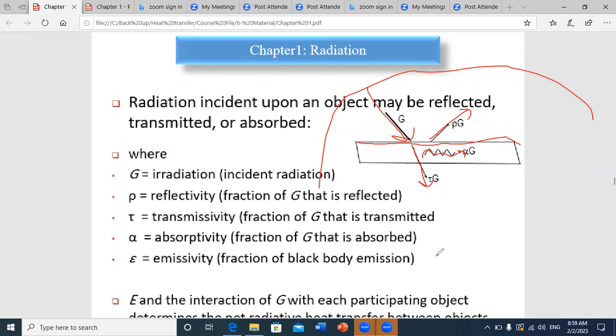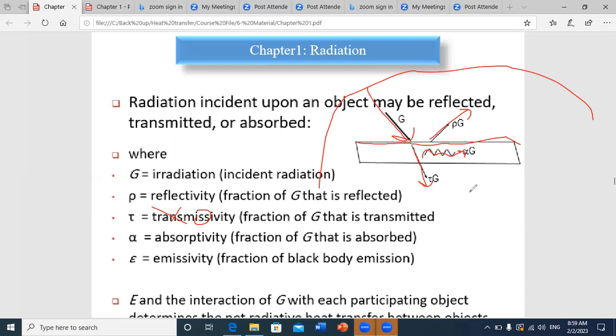to the material. Okay, in general, as we mentioned a while ago, the majority of surfaces we deal with are opaque surfaces. When we talk about opaque surfaces, this means that the transmittivity is zero. So what will happen is that the total fraction will be divided into alpha and rho.